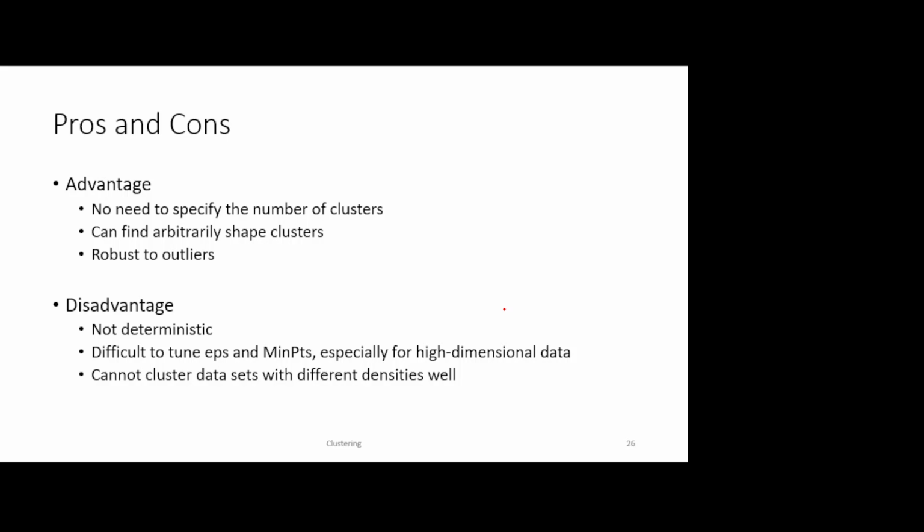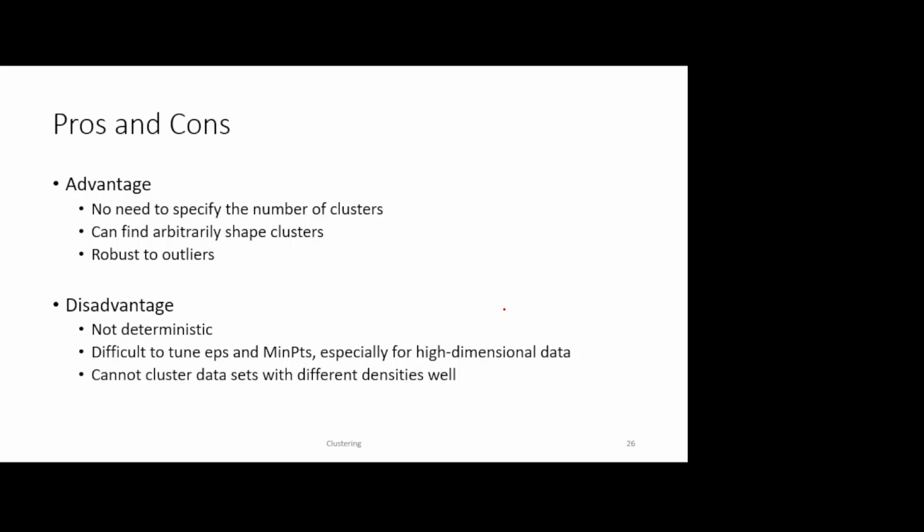They are very different. For one distribution you can use a small EPS, a small radius, but for the other you have to use a larger radius. So it cannot handle two different density distributions. But K-means can handle such a situation very well.